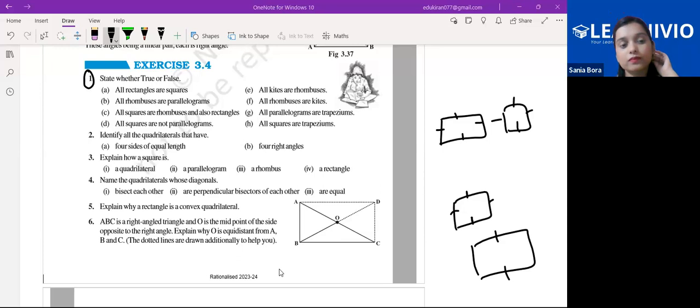We are doing the even ones, right? A1 and C1. Sorry. The answer you have: A, all rectangles are square. That's false.